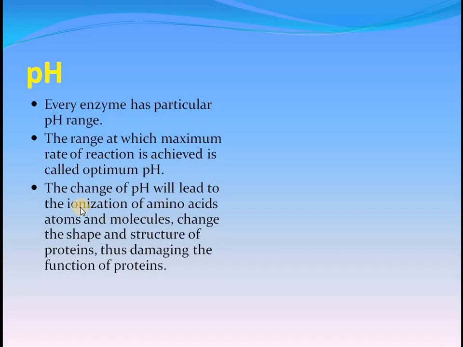Now there is ionization of amino acid atoms and molecules, which changes the shape and structure of the protein, damaging its function. When the pH increases, it damages the shape and structure of the protein. After damaging the shape and structure of the protein, the enzymes become inactive temporarily.